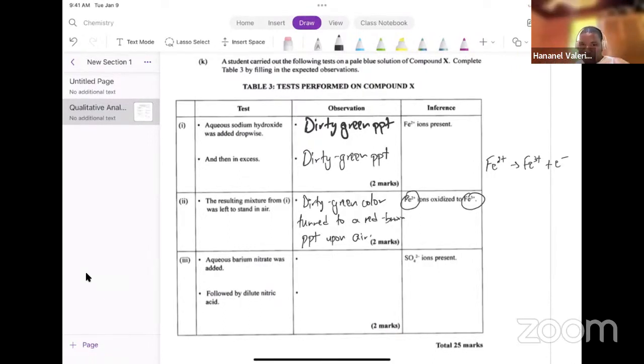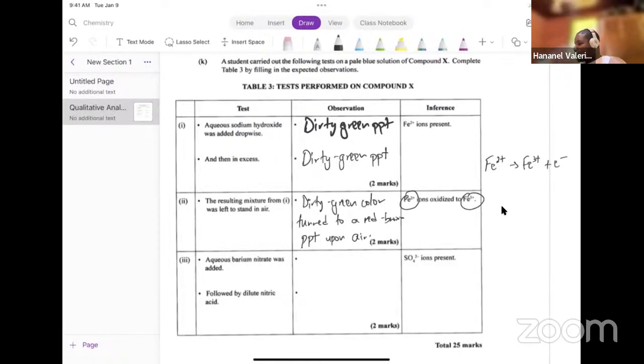And then the next one says that aqueous barium nitrate was added. So whenever you see barium nitrate, remember we said the 2 tests for cations would be sodium hydroxide followed by ammonia. And whenever we see something like barium nitrate, we have to be talking about an anion we're trying to discover, okay?